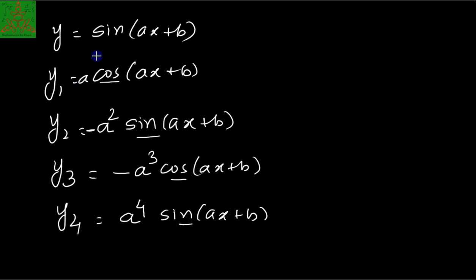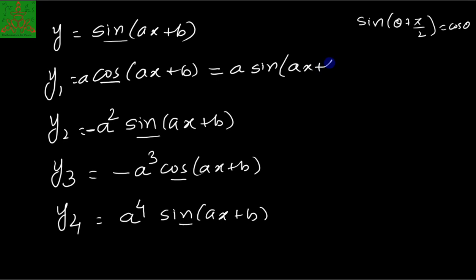We have one technique to convert sine into cos, by adding pi by 2 to theta. That means we have the formula sine theta plus pi by 2 equals cos theta. Using this, I can replace cos theta by sine theta, so this quantity I may write as a sine of theta, where theta is ax plus b here, plus pi by 2.